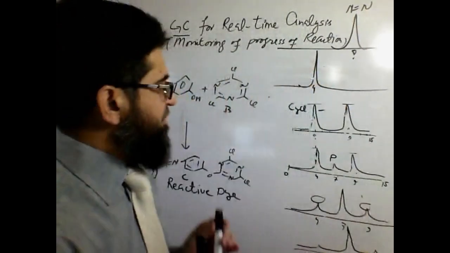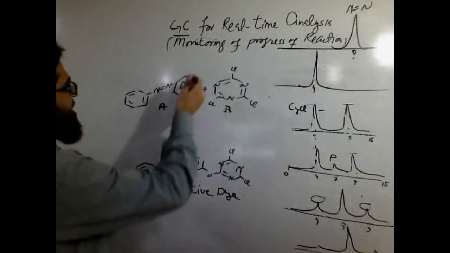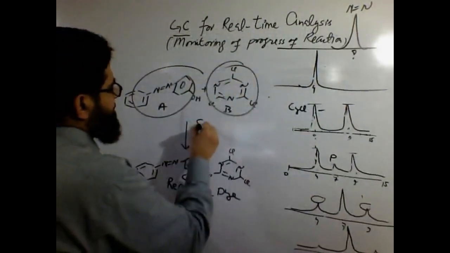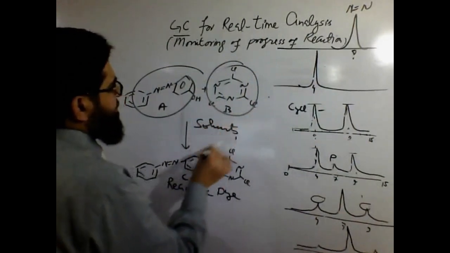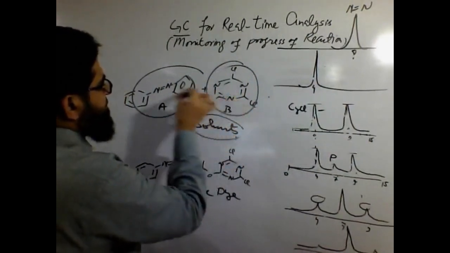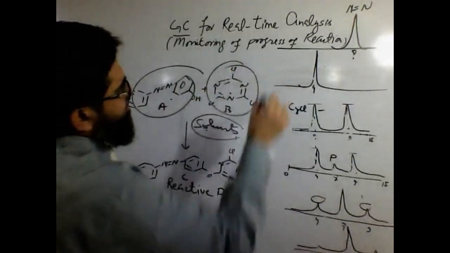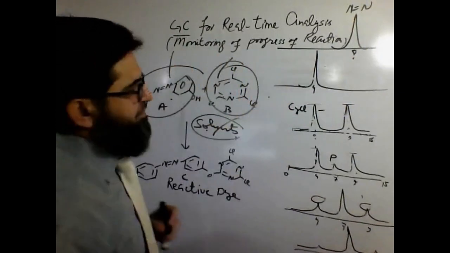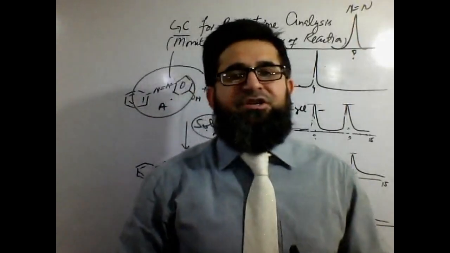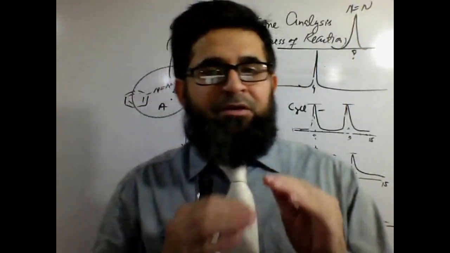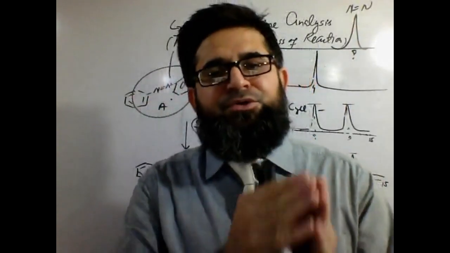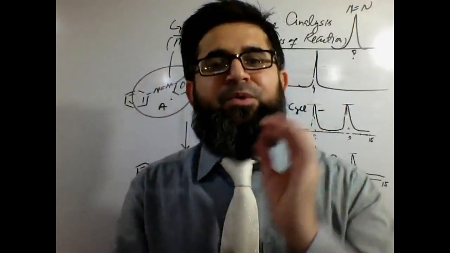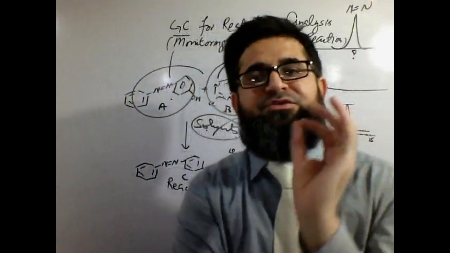So when you are running the reactions between the molecules, you are using certain solvents there. You can analyze those samples on GC where all the molecules or solvents involved in the reaction could be converted into their gaseous, vaporous form. Then you can analyze those reactions on GC.